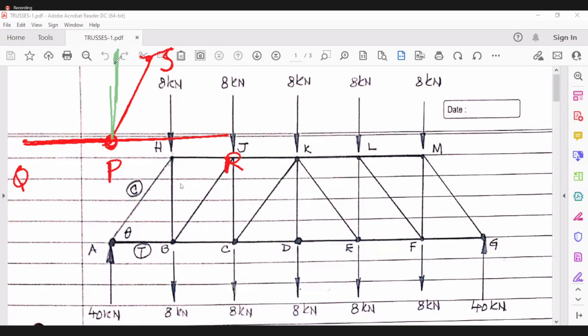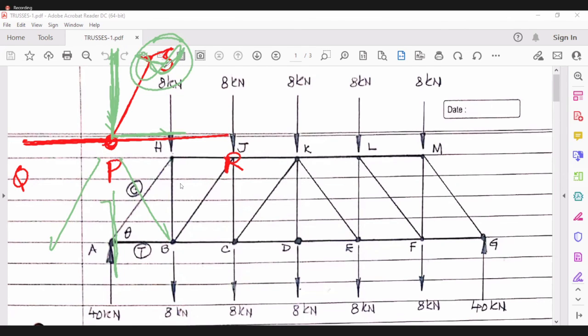One component over here and another component like this. But this component will not be neutralized by any member because there is no member over here or here or here. As a result, this component has to be 0 and this also got to be 0.